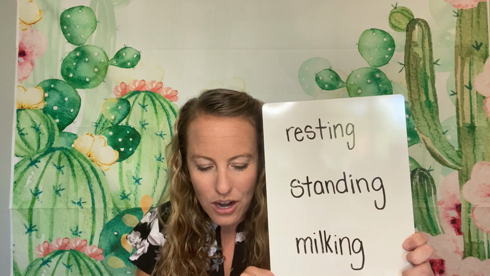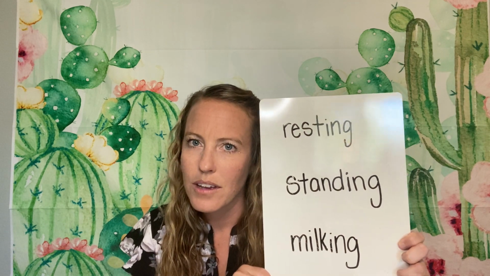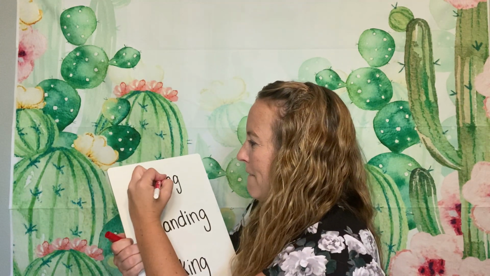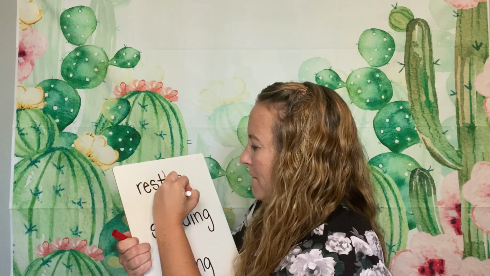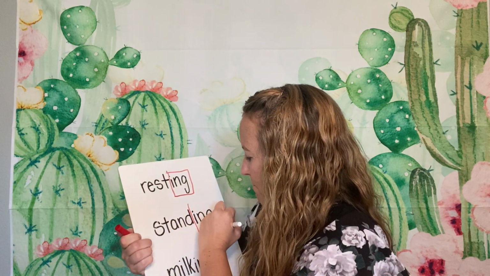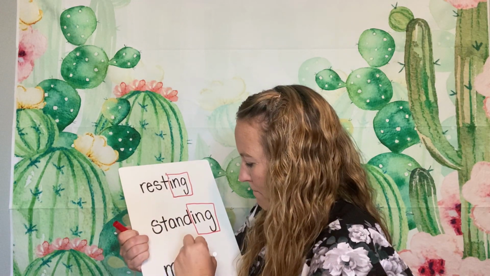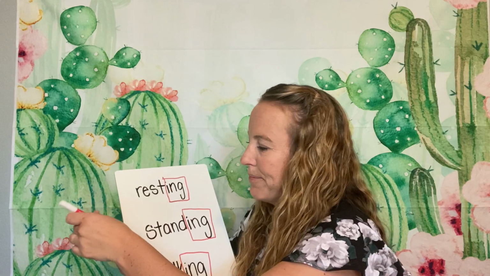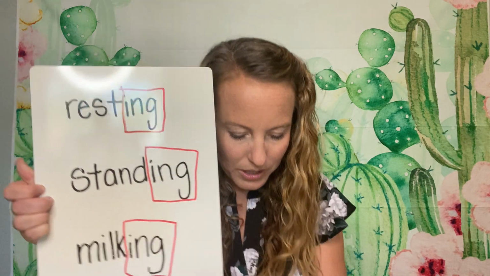Now, how do we code a suffix? We box it. Good job. You guys are so smart. Okay, we're going to box them.